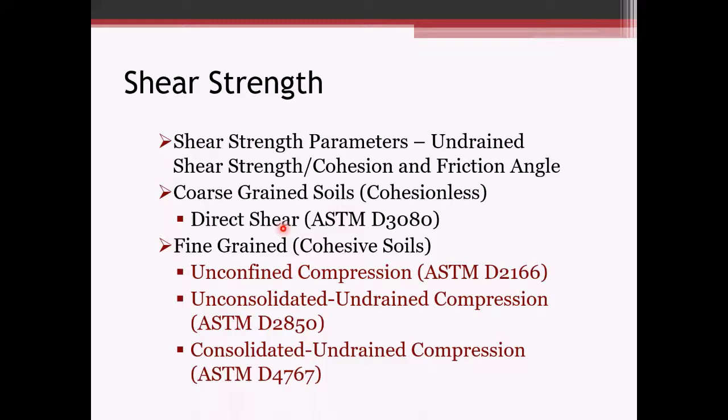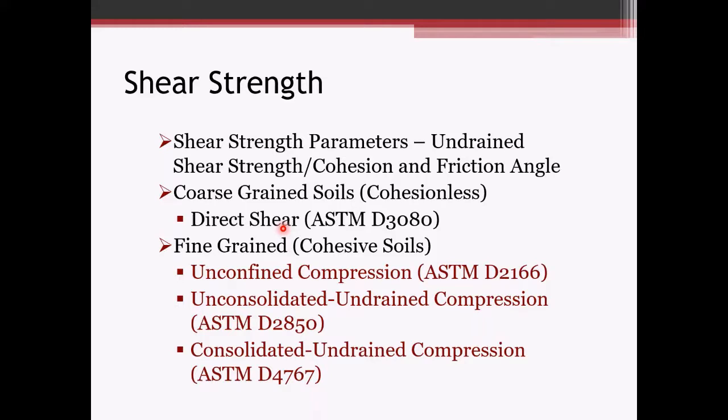So from the shear strength test, we're looking to determine the undrained shear strength or cohesion and friction angle of a soil. For coarse-grained soils, we typically perform a direct shear test.